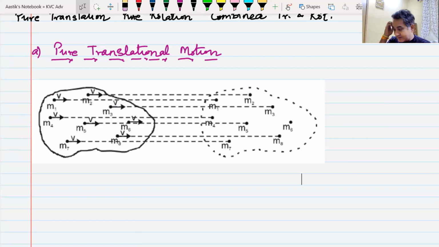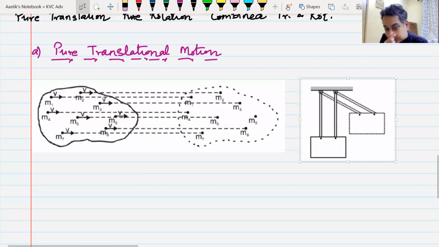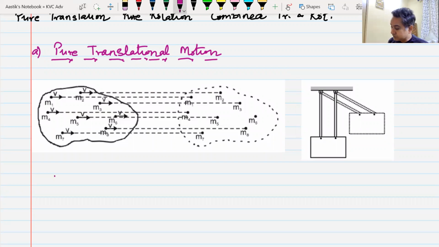See, you take any motion like this. This is a rigid body moving from point A to point B. You can take these two examples of pure translational motion.